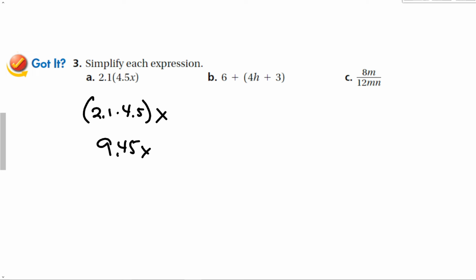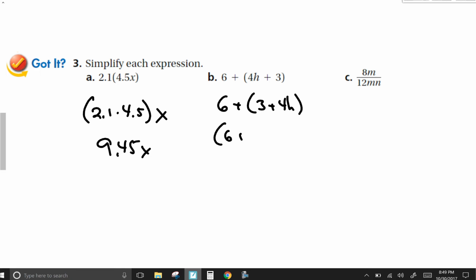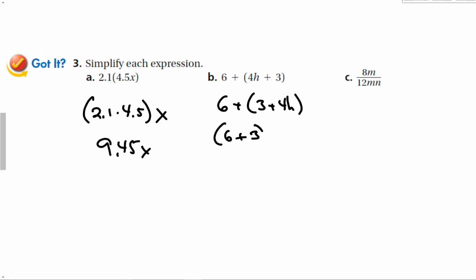Part B is the same as the other one before. So we're going to use the commutative property first, 3 plus 4h. Then we're going to use the associative property next, 6 plus 3 plus my 4h. And then that turns into 9 plus 4h.